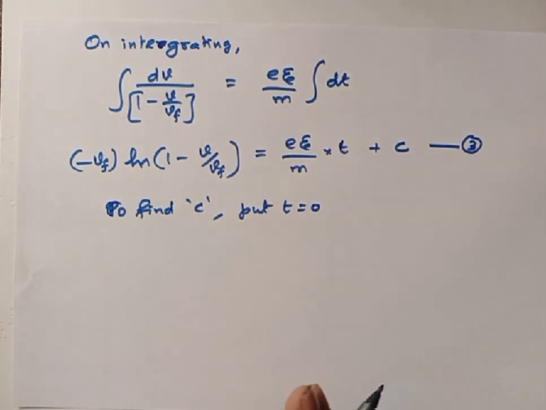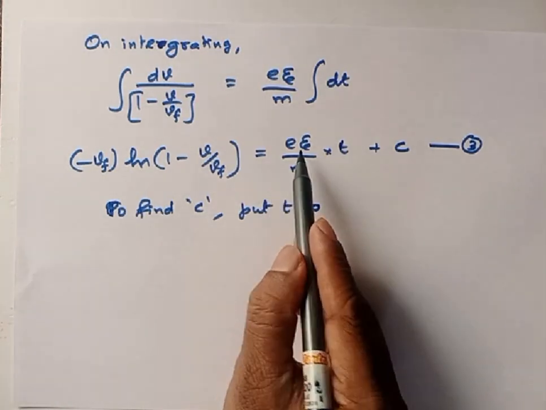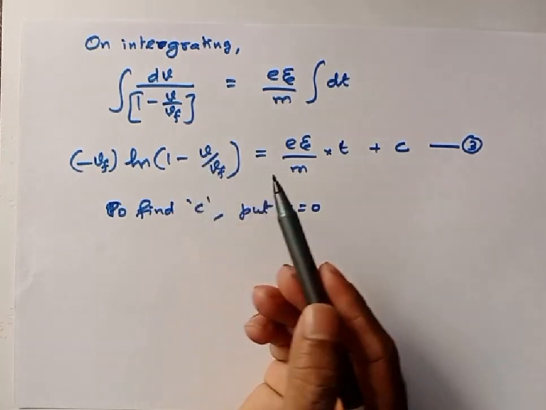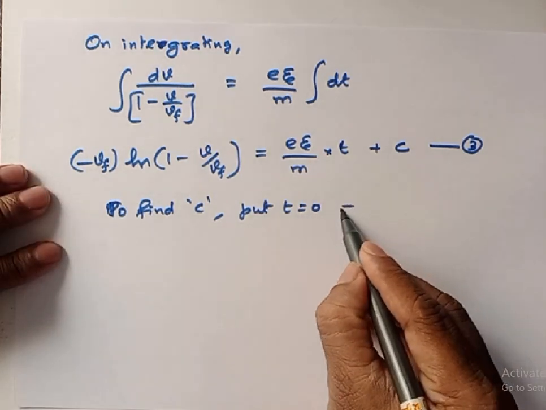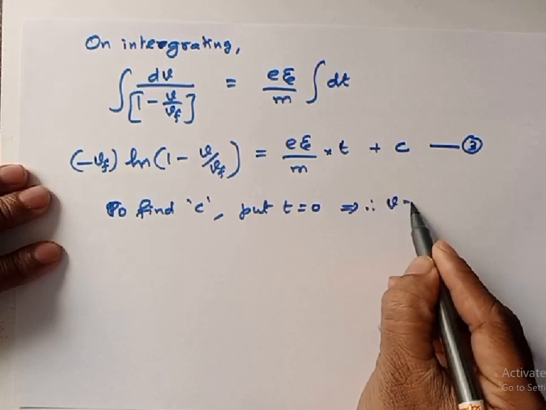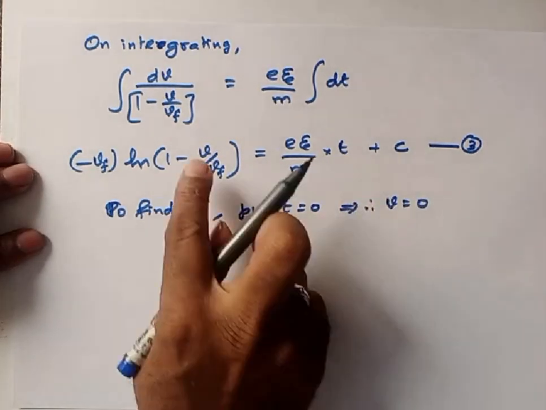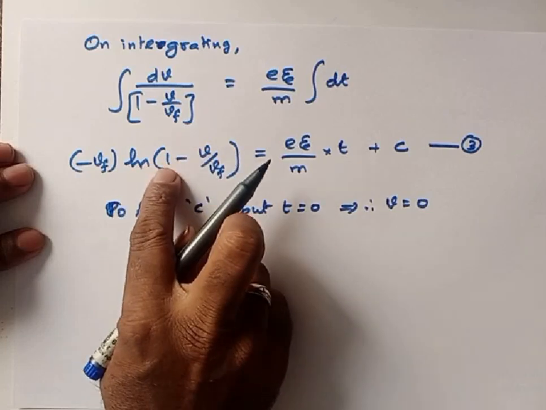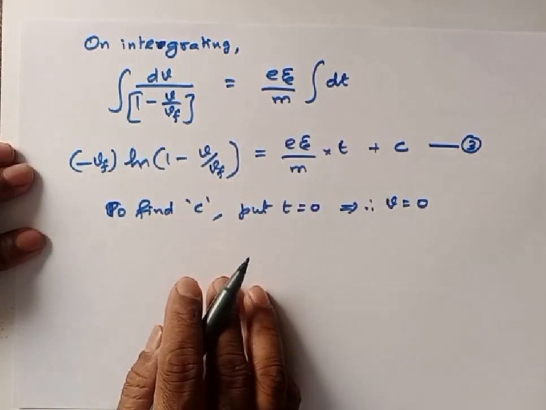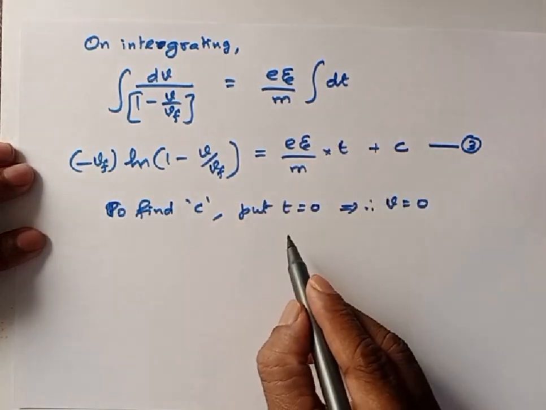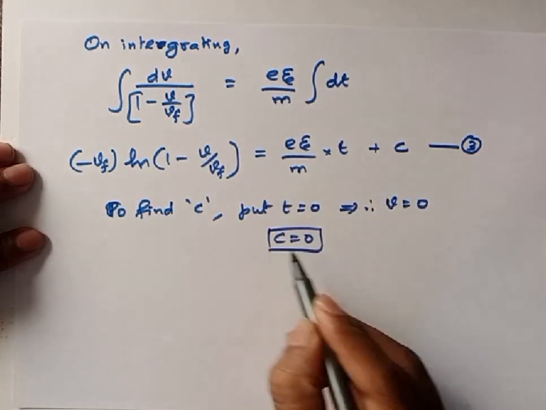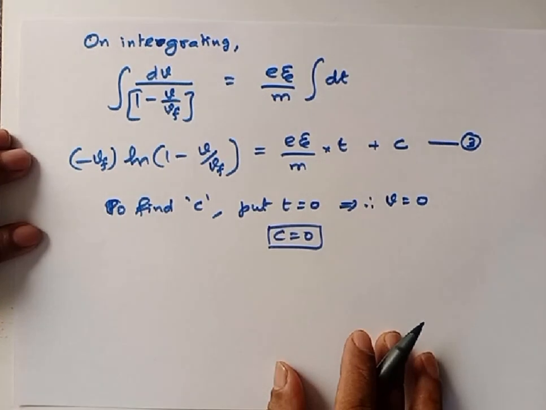Electric field 0 means the electrons move randomly in the crystal lattice, so on average the velocity of the electron at time 0 you can assume to be 0. Therefore V is also equal to 0, so you'll get ln 1, which is also 0. So the left hand side becomes 0, and this becomes 0. Therefore the C value should be equal to 0.